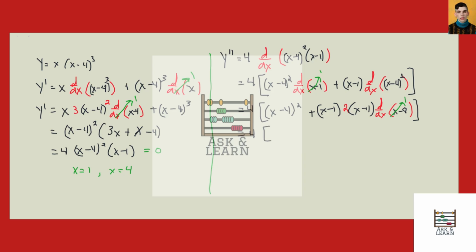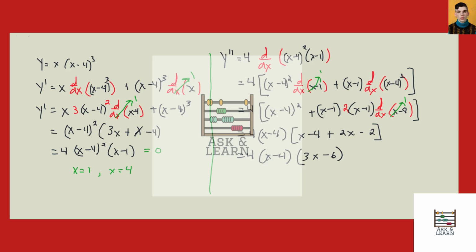So let's go ahead and clean this up a little bit. So first, let's go ahead and factor out x minus 4 from this. So we get x minus 4, that would leave behind x minus 4 there, and then plus 2x minus 2. So 4 times the quantity. Simplifying the inside here, we would end up with 3x minus 6.